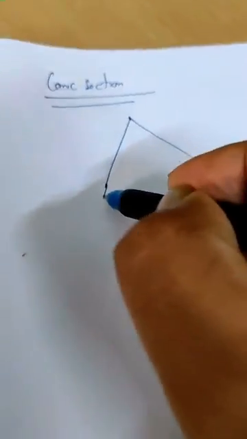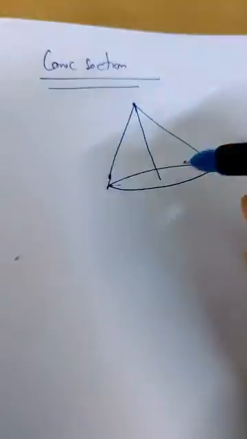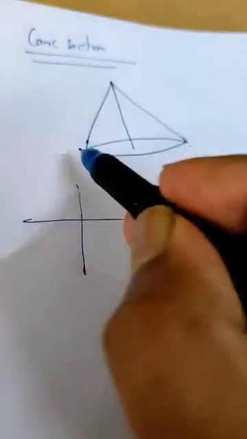Conic section. Now, by name, conic section means what? By name it is understandable that if you cut a cone in various axes, you will get some portion. You will get a circle.